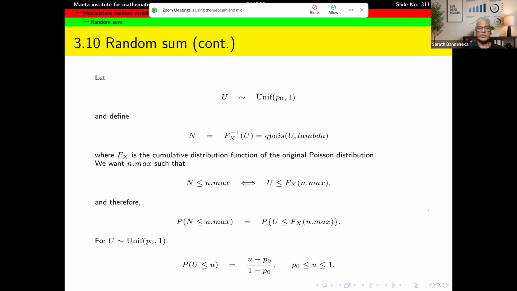In that case, the probability that u is less than or equal to some value will be given by this expression. Therefore, the probability that u is less than or equal to F_X(n max) is obtained by replacing u by F_X(n max), and then from that expression you can get n max like this.